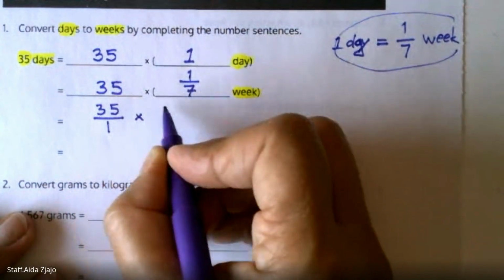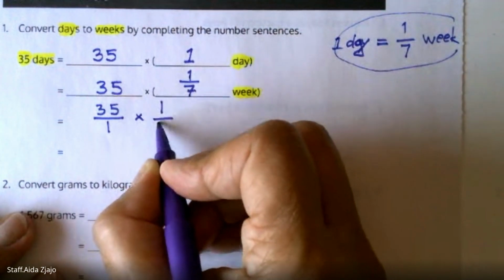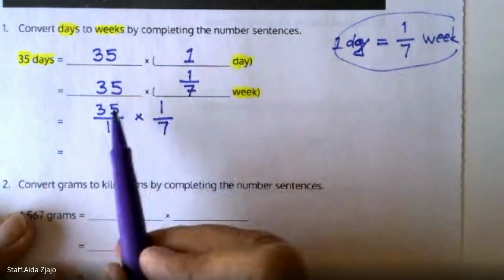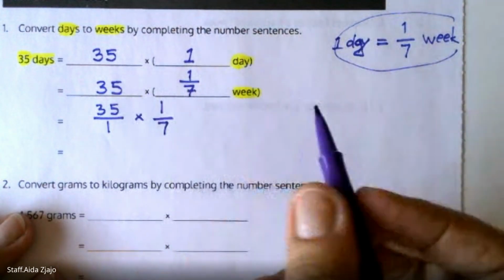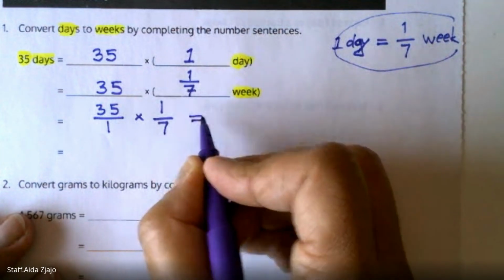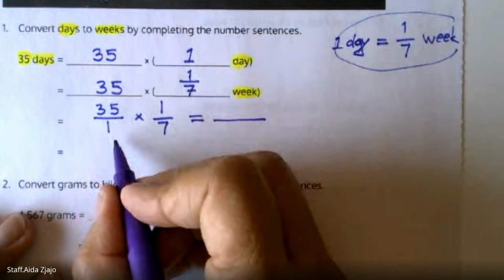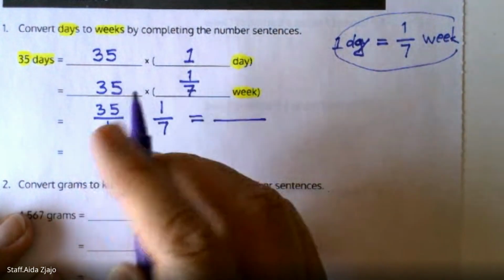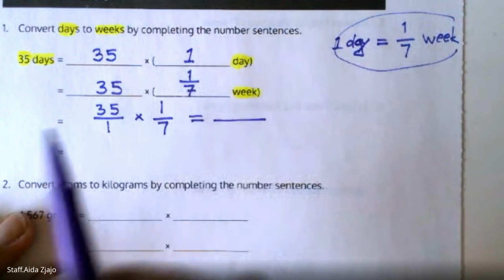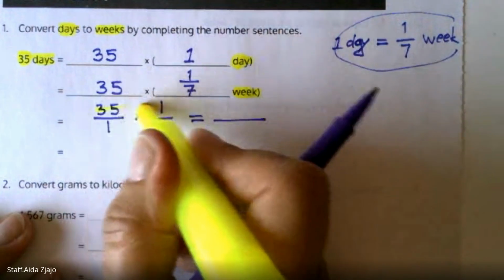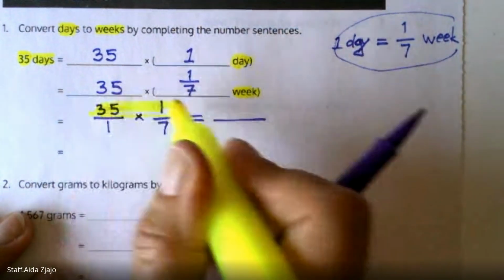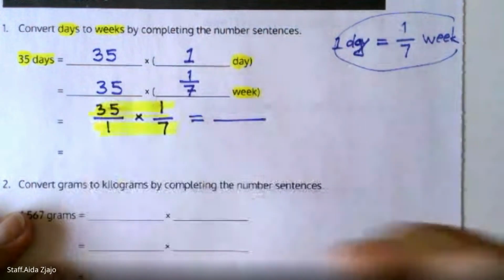Then you're going to multiply by 1/7. If you say 35 divided by 1, you get 35. Now there is a rule about multiplying fraction by fraction. That's why we changed the whole number into a fraction.